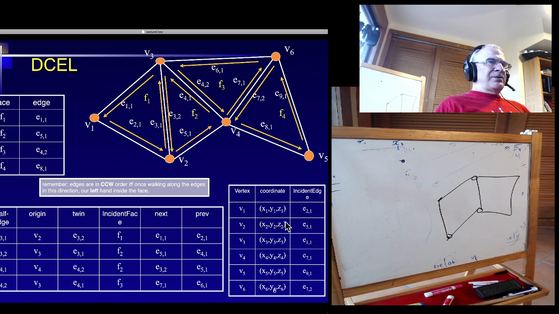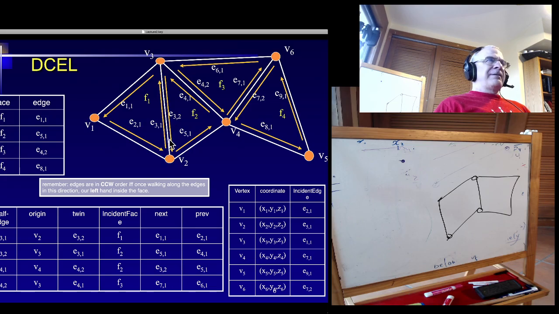Just a pointer into the array of the vertices, not the X, Y, Z coordinates. Only an index, 2, if it's the second entry in the vertices array. That's the origin of the half edge. It stores a pointer, again an index, to E32, which is what? E32 is the twin half edge.